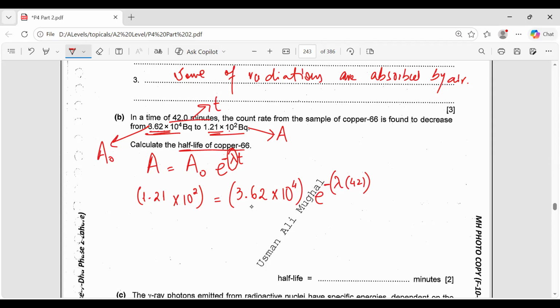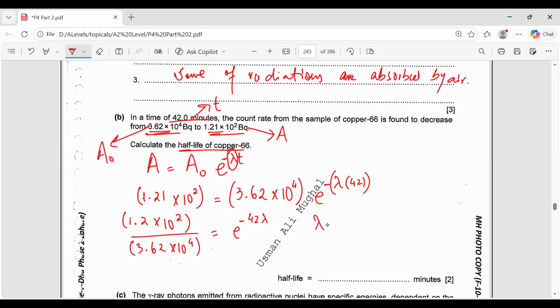You are going to solve this using your mathematical skills. 1.21 into 10 raised to power 2 divided by 3.62 into 10 power 4 equals e power minus 42 times lambda. After solving this, you are going to get one value of lambda. Can anyone tell me what value of lambda we are going to get?